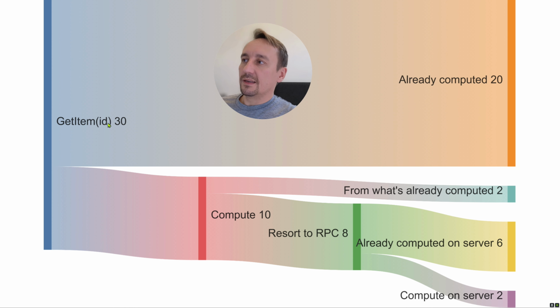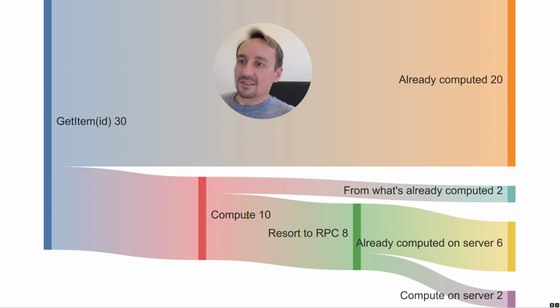If we think about the chances of how this call is going to be resolved, the highest chance is that it's already computed on the client, so the value is available. Otherwise, let's assume it's not computed. Then maybe it can be computed from other values on the client which are already computed.